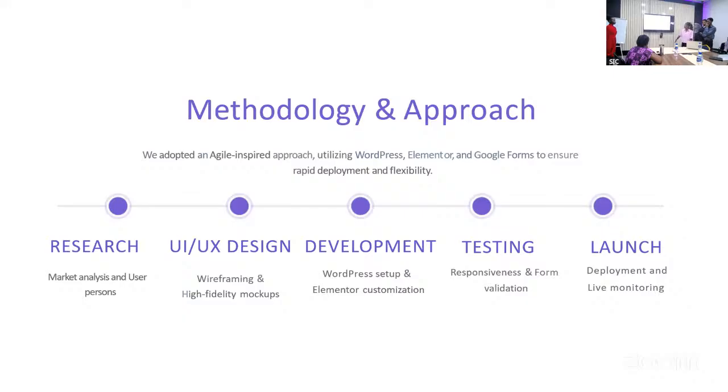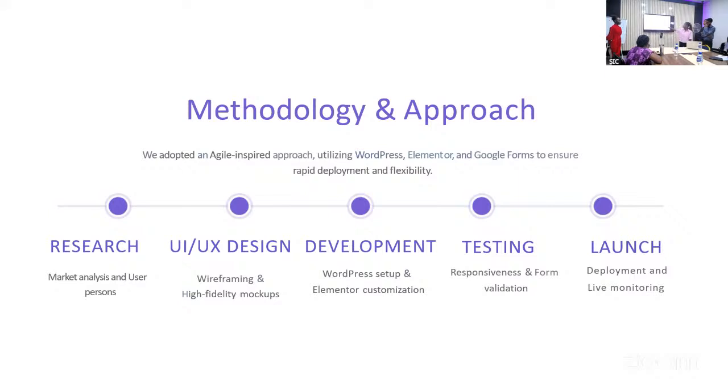Then the methodology and approach. We use an agile methodology because we manually upload our events. When we are done with the website, we don't just leave it; we always update our events. We use WordPress, the Elementor plugin, and a Google Form.